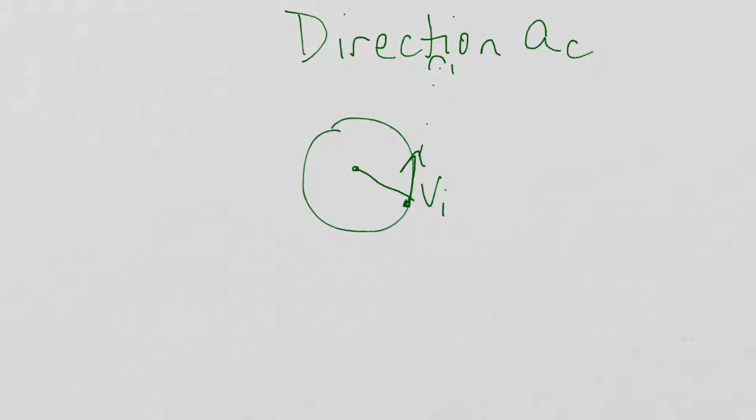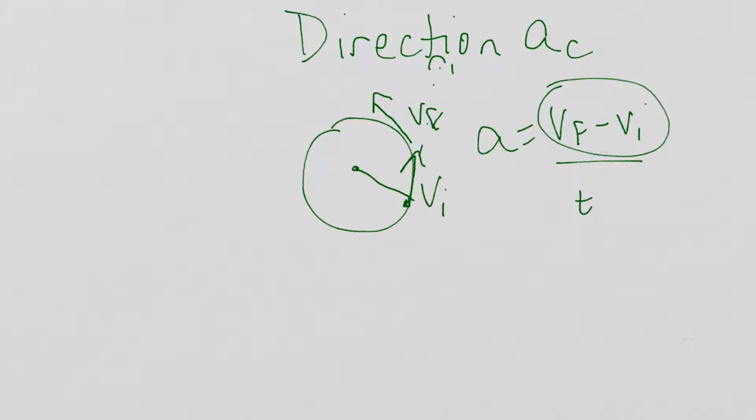And then if we have our final velocity, because we're just picking 2 points on the circle, we can choose it right there. So acceleration, just what we've seen before, is the final velocity minus the initial velocity divided by time. Now this part right here we can actually do with a vector sum, and normally we say a vector sum would be VF plus VI, but we want a negative instead.